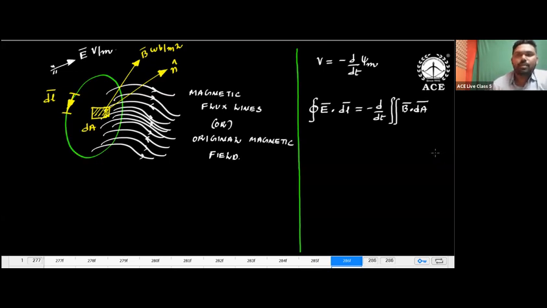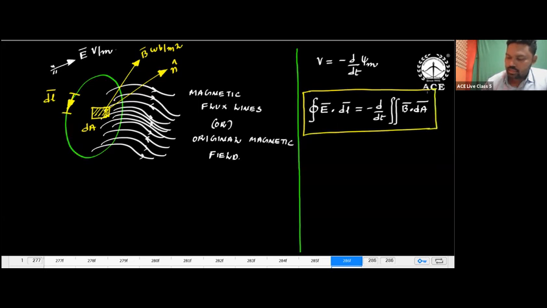This is the vector way of representation. There are two actions involved here: one is transformer action, the other is generator action or motor action.